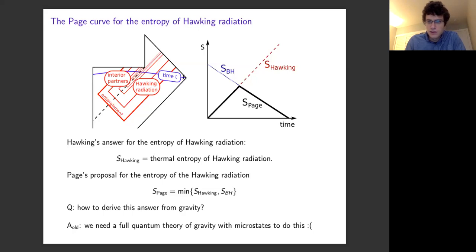We don't really need to go to Scri plus. We could compute the entropy of the Hawking radiation on this blue slice. And you could worry that the entropy in some finite region in a theory of quantum gravity isn't really well defined, but that subtlety appears to be unrelated to the actual resolution of this puzzle.